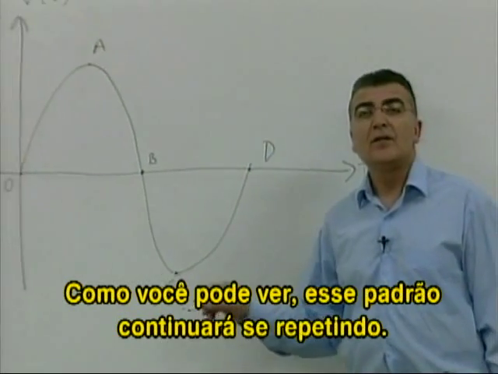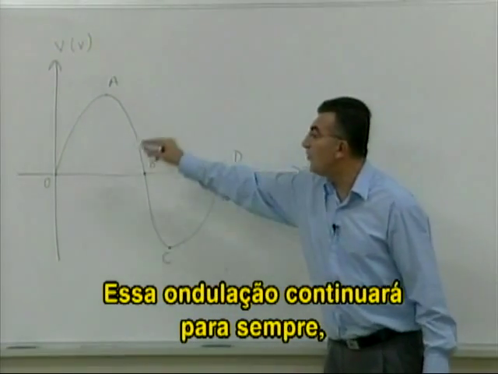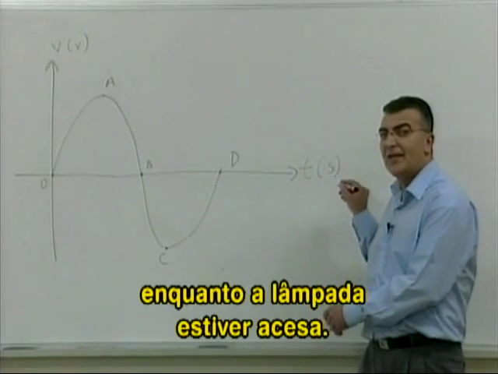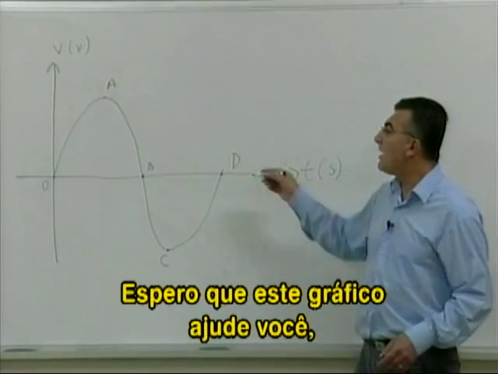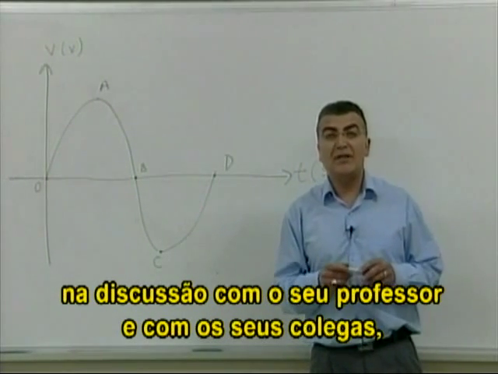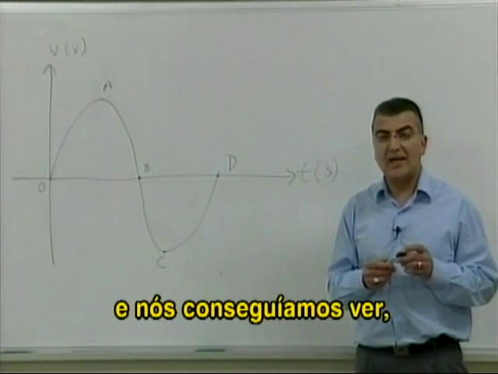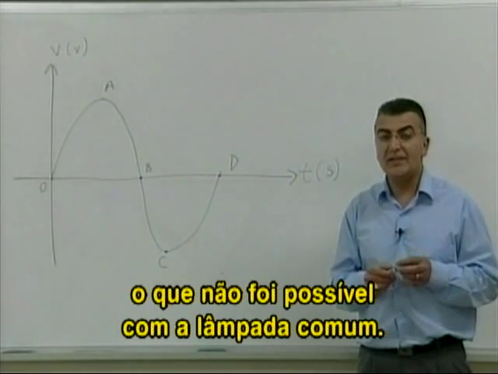As you can see, this signal will continue on. So this form will repeat forever, as the light is on. Now, I hope that this will help you to discuss with your teacher and with each other why the light was on and off for the LED, and I could see it, but not for the light bulb.